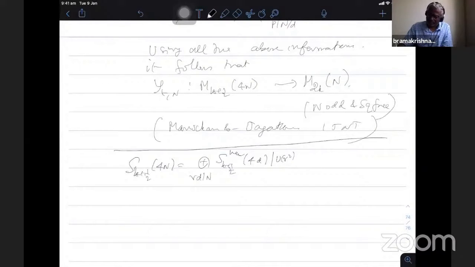So d equal to n means I have the full newform space, so I just included it there, and then we have the direct sum over r, d dividing n, of S_{k+1/2}^plus new of 4d bar U of r squared.